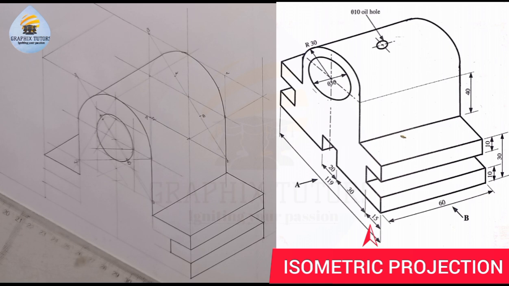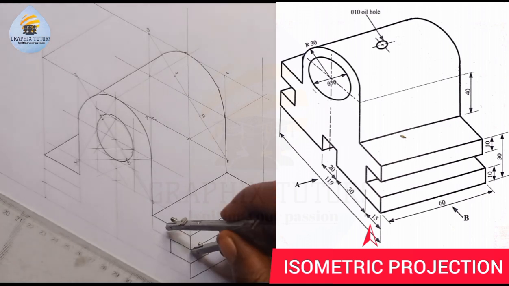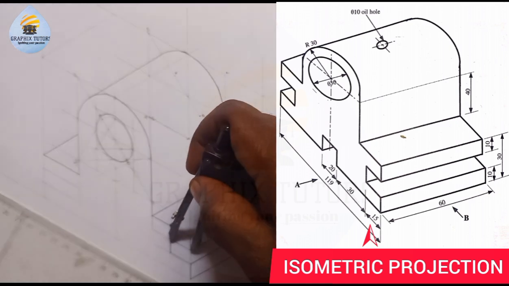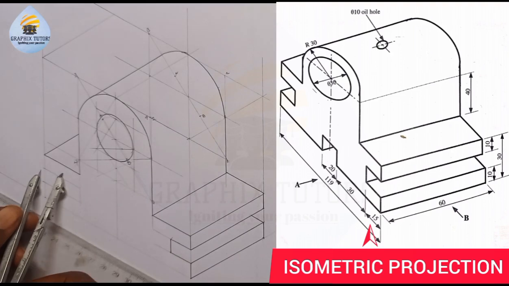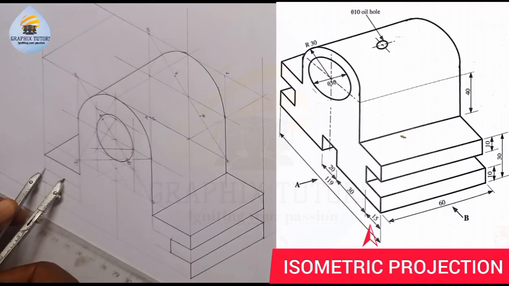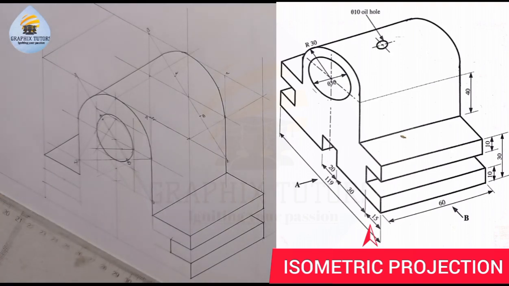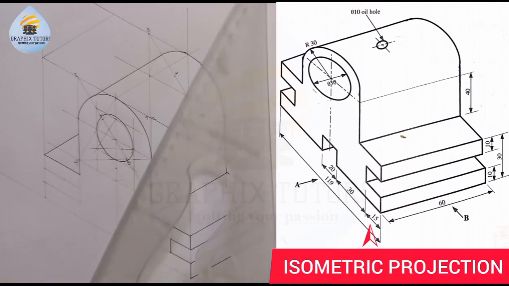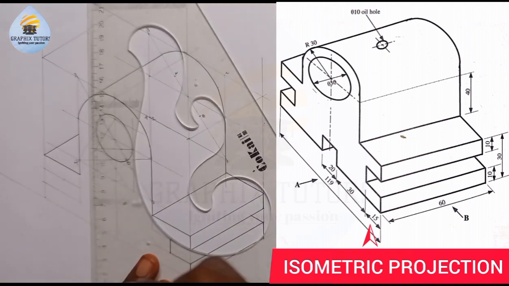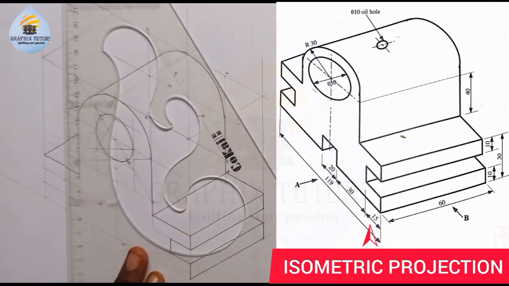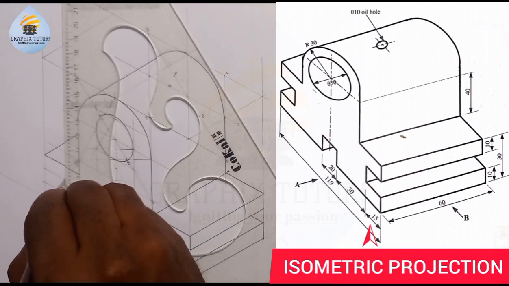So I'll just mark 15. Since from here to here is 15, it means that from this point to this point also will be what? 15. So I'll just close that up. So from this point, I'll close it up.